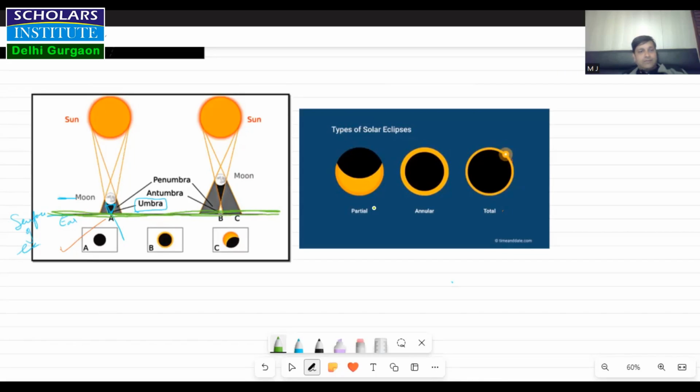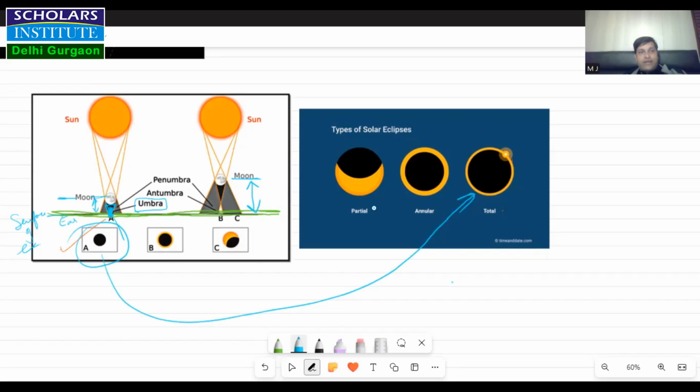So now what is happening is that the moon is closer to the earth. The distance between the earth and the moon is this much. But sometimes the moon can be farther away from the earth's surface, like this. When it is closer to the earth, this umbra region falls straight onto the earth. So you have a total solar eclipse like this.